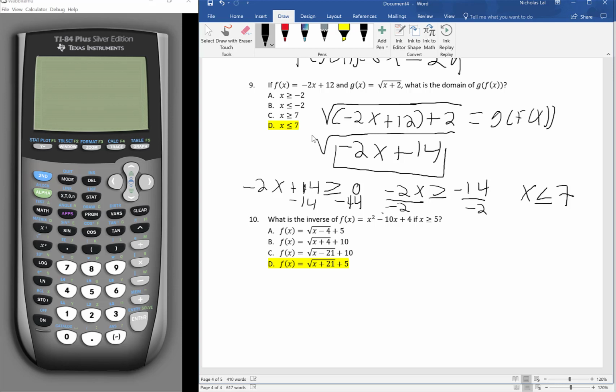Note that when you divide by a negative number, you flip the sign.